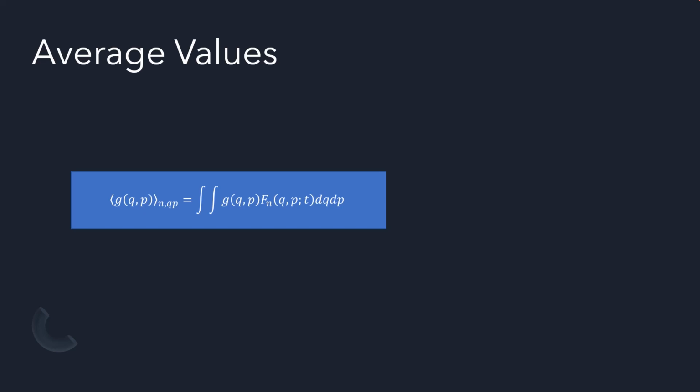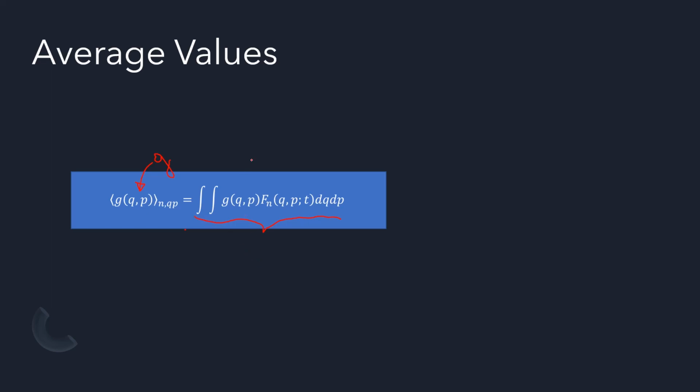Of course, our average values are calculated just for any phase space function, which may be, for instance, the energy.